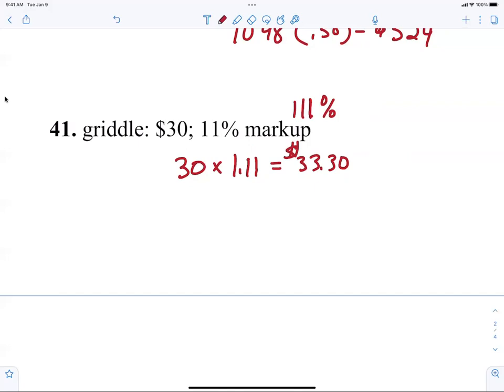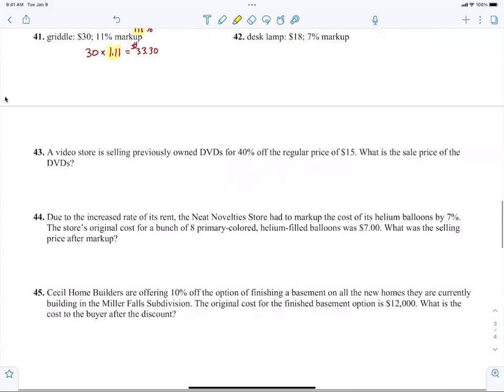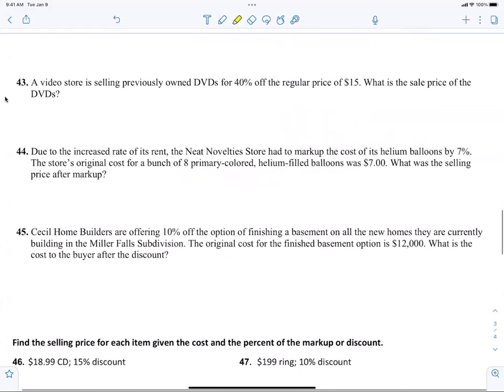Like, I will just do 111 times 30 and then put the decimal. Well, I want you to know this is just the same as this number, but it's put as a decimal. So you always move it 2 places to the left. Do you agree? All right, so, all right, here we go. 43. I need you to tell me.